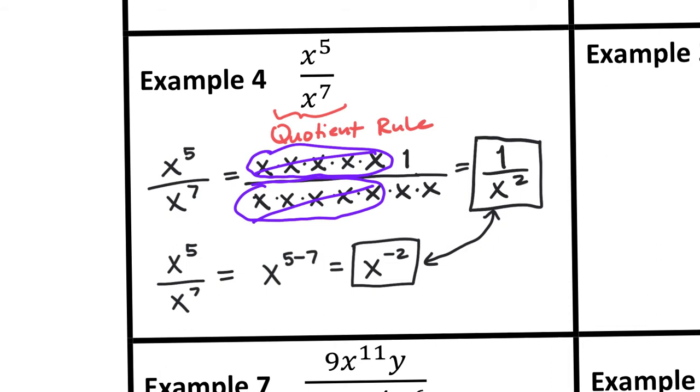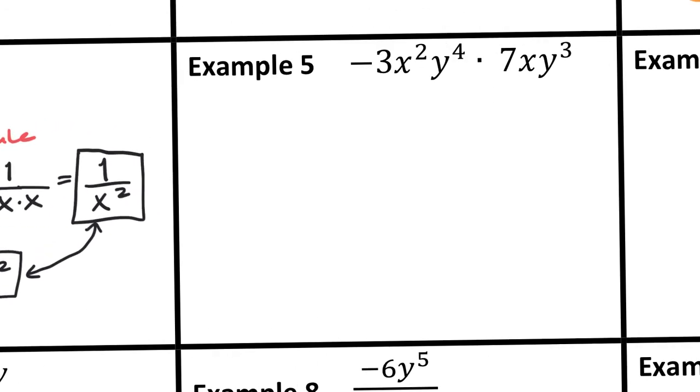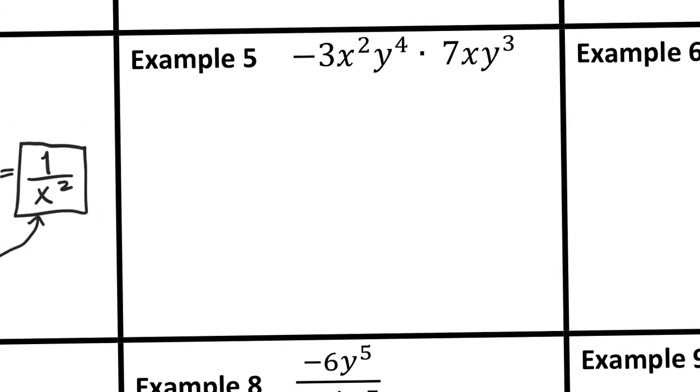So let's look at example 5. Okay. And for this example, I like to kind of group like terms. What I mean by like terms is, I have a number, I have negative 3, I have 7. Those are same type of terms.